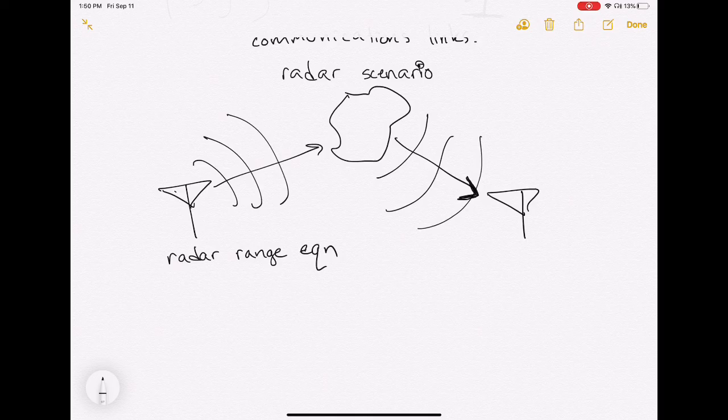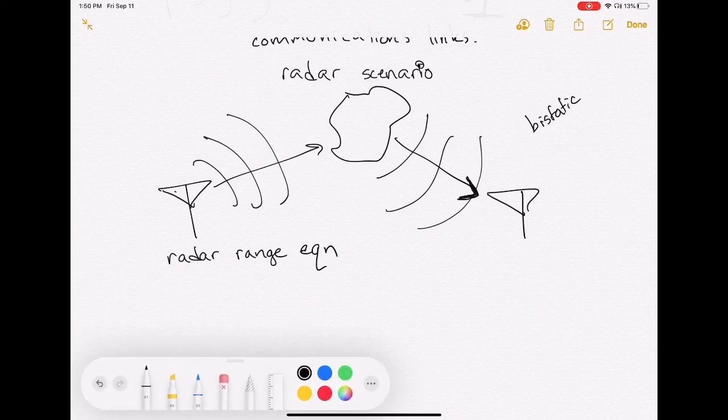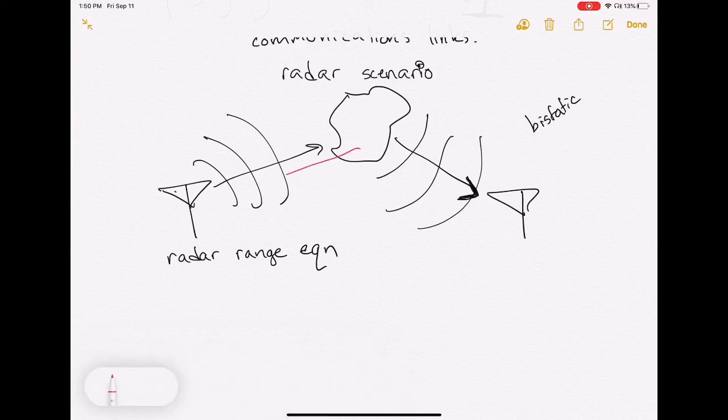I'm writing it this way, which is a little bit more complicated than necessary because this is technically a bistatic radar situation. If I had the receive antenna and the transmit antenna in the same location, like I'm drawing in red, that would be a monostatic radar situation.